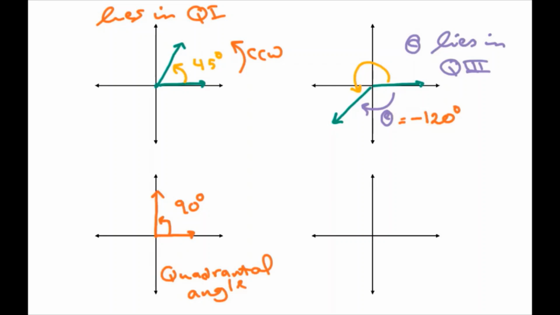So 90 degrees is one of them, 180 degrees is the second, 270 degrees is a quadrantal angle, and also 360 degrees.